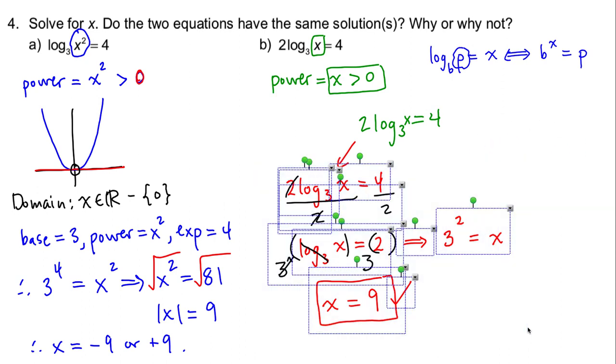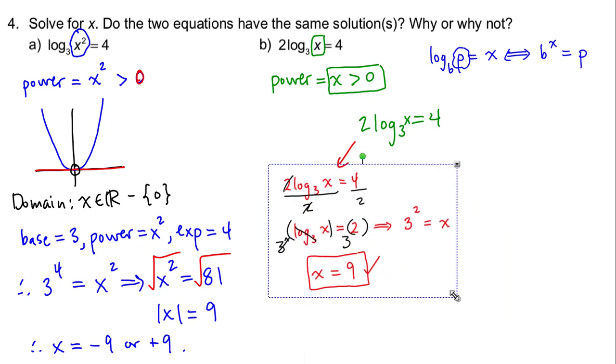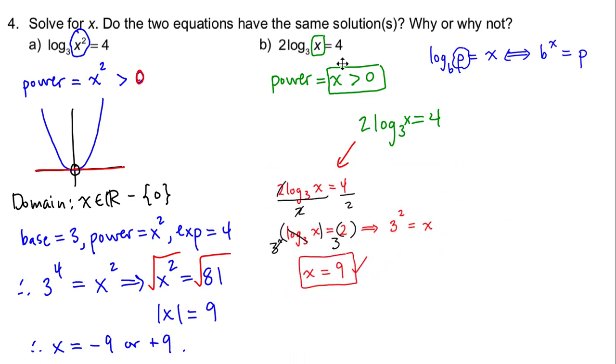Another method, instead of dividing both sides of the equation by 2, would be to realize that we could use the logarithm laws. So we have 2 log base 3 of x equal to 4, and we could consider that coefficient of 2 comes up as an exponent on the x.